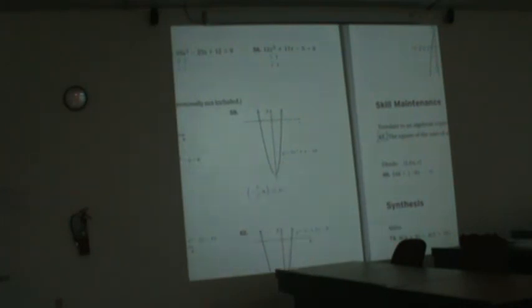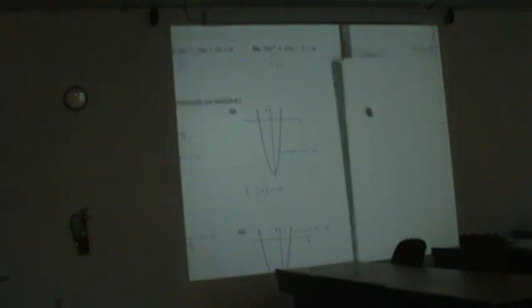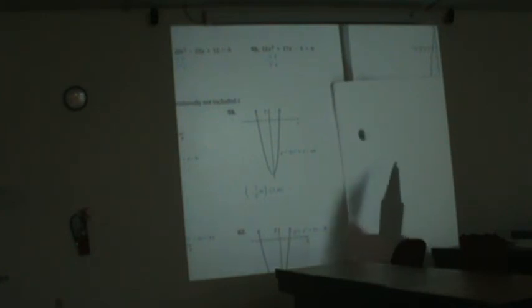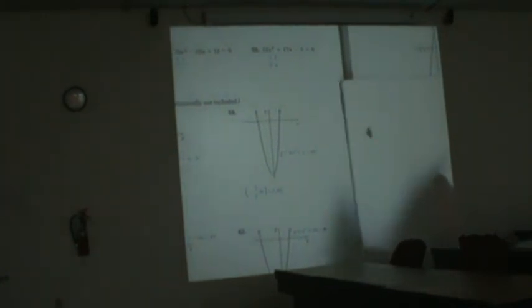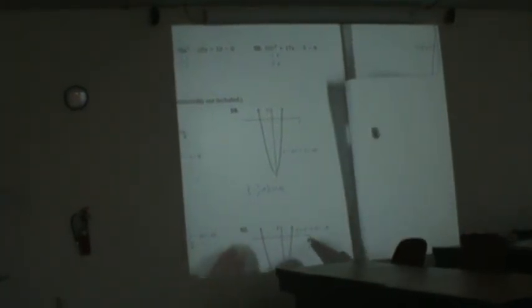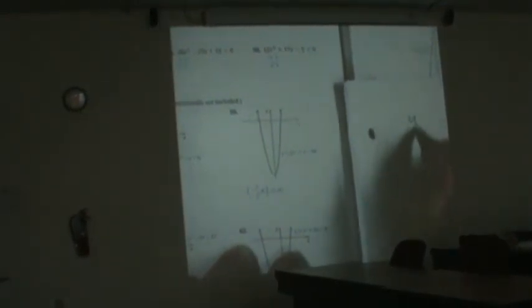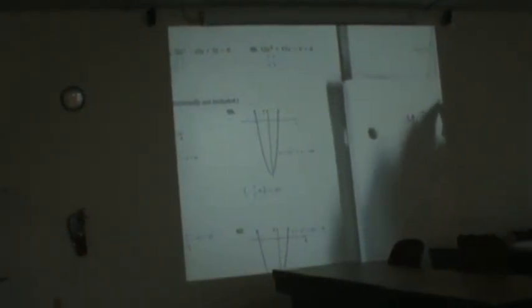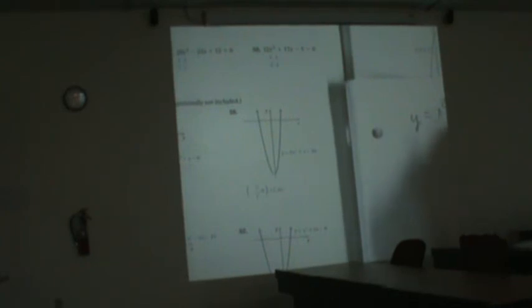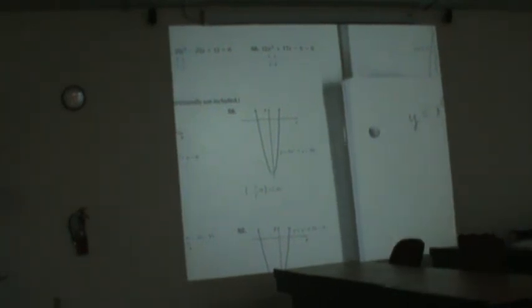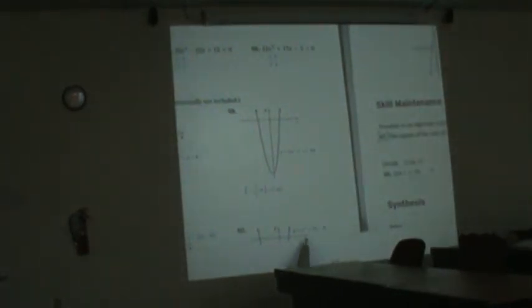So pretty much you're doing the same thing that you've been doing, because you're going to have a problem like number 62 says: this is a graph of y equals x squared plus 2x minus 8. Okay, you see it right there?